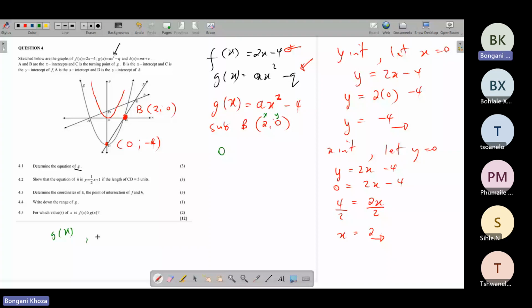So g at x and y are the same thing. So 0 equals a into 2 squared minus 4. So we're just solving for a now. And then we have 0 equals 4a minus 4. So 2 squared, we get this 4 over here. We take this 4 to the other side, we have a, we have this.